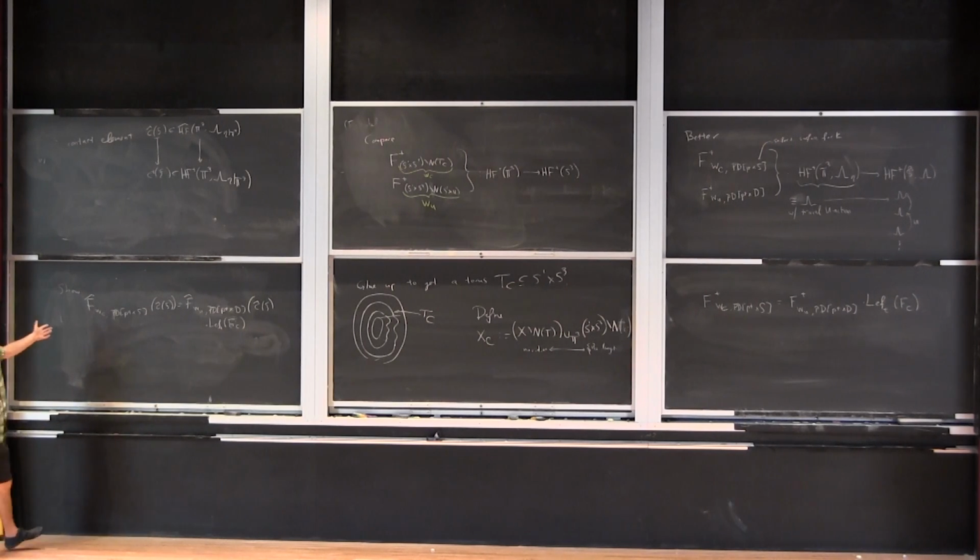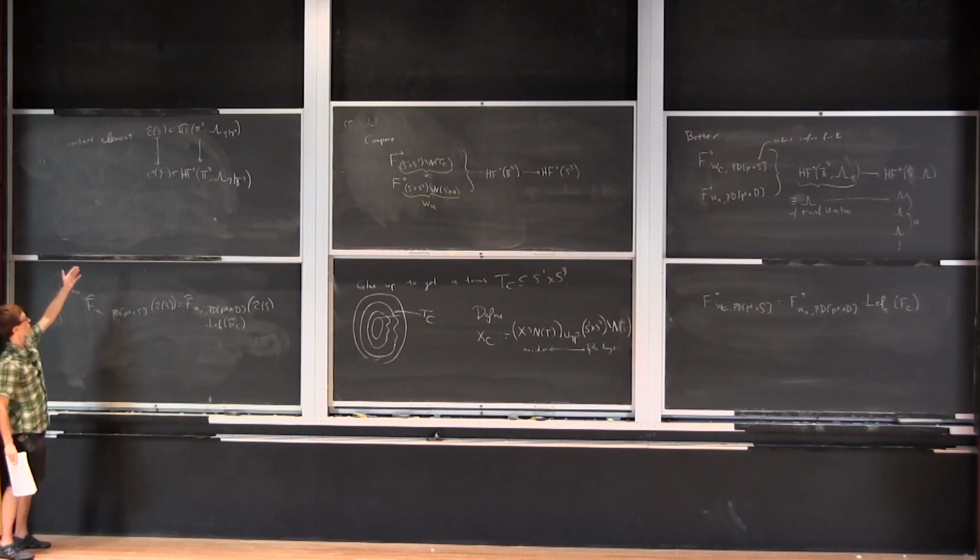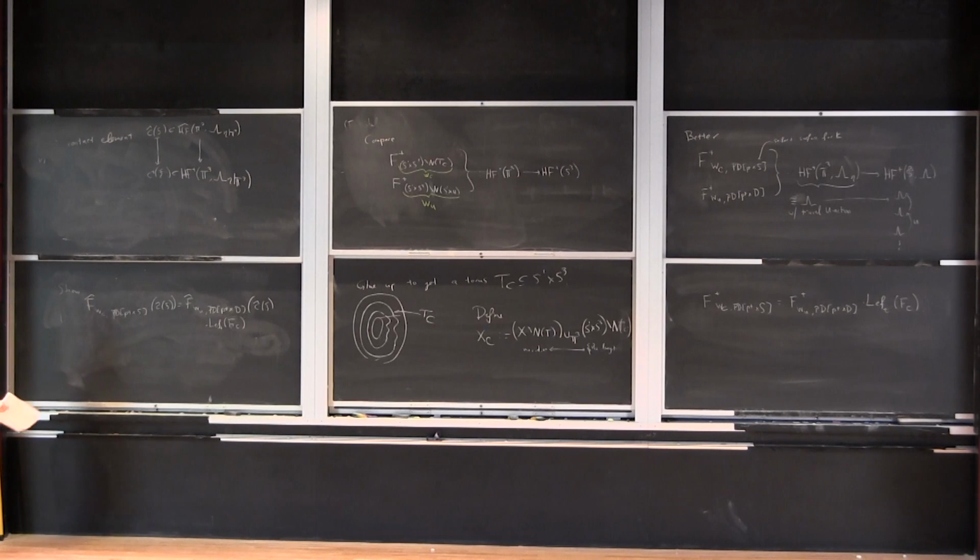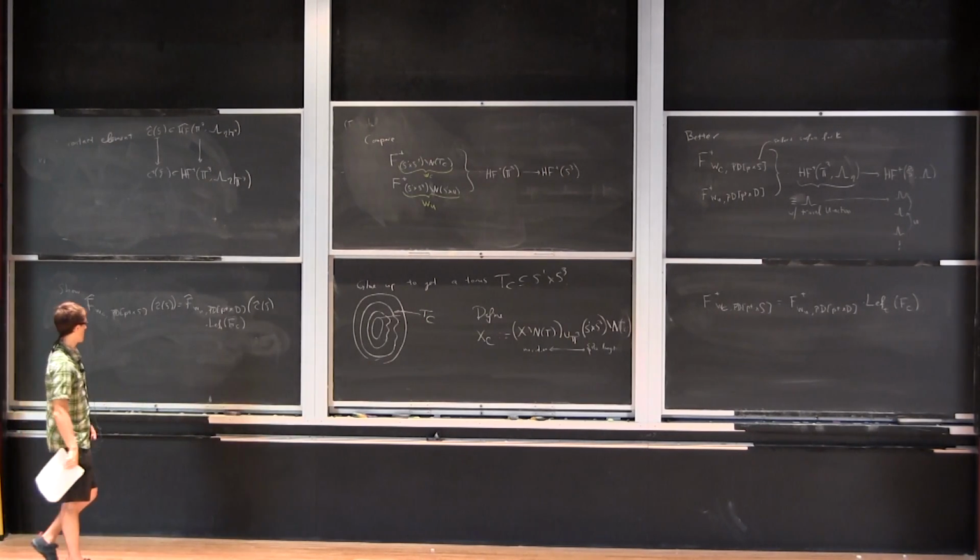And if we can show it on the hat version, then we just include it into the plus version, and we get this inequality for the plus maps.